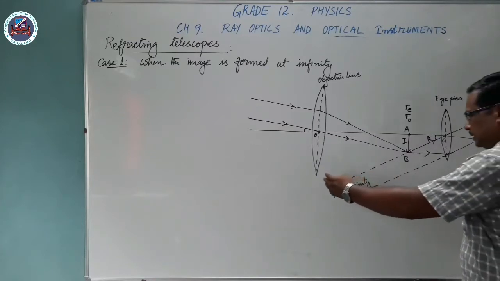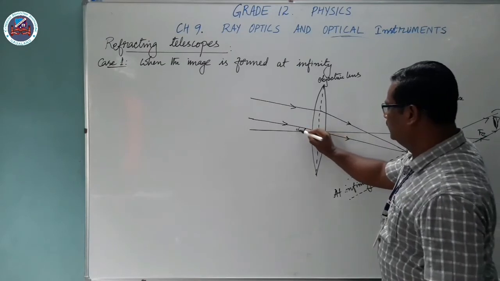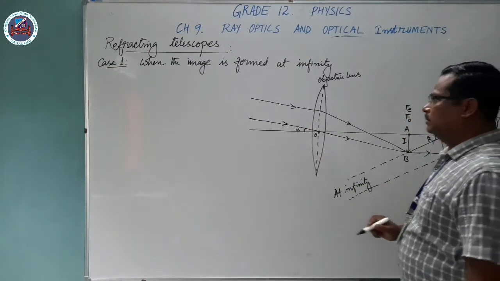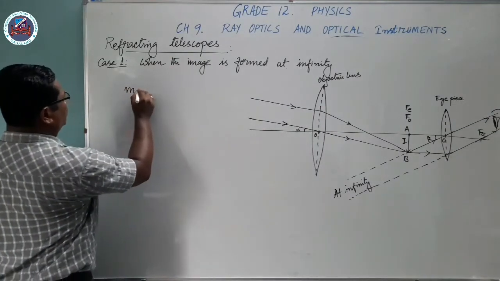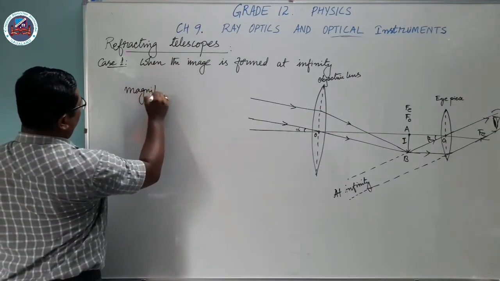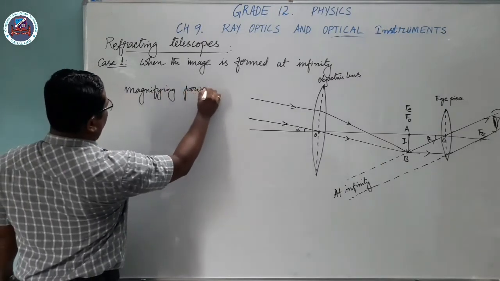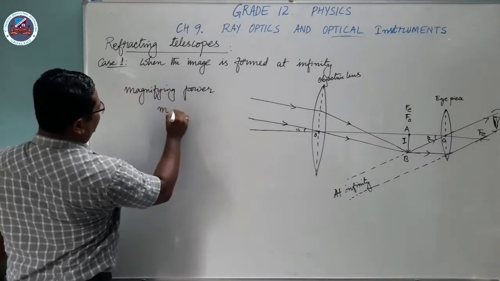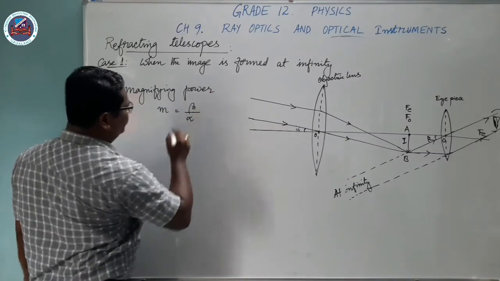So we neglect this distance and take this angle alpha. So our magnification M, or magnifying power of a telescope M, we take it as beta by alpha.